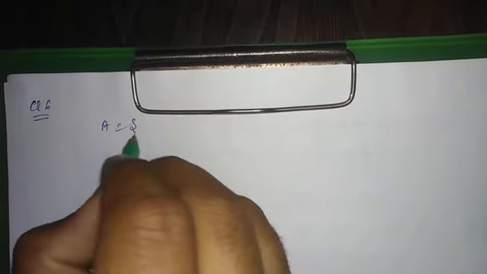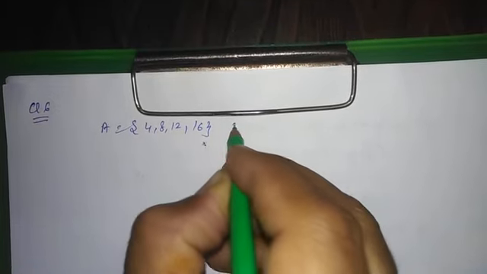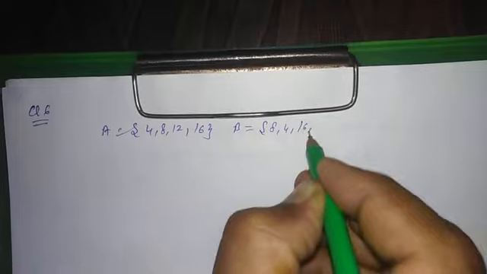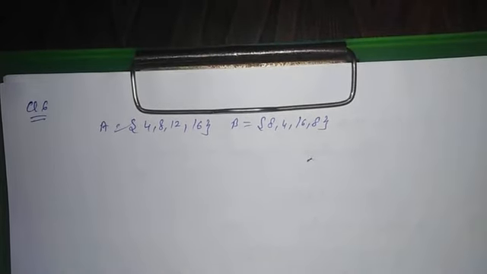Now we see question number 6. In which of the following state whether A is equal to B? Set A is equal to 4, 8, 12, 16. Set B is equal to 8, 4, 16 and 8.